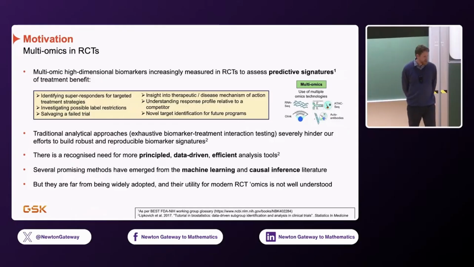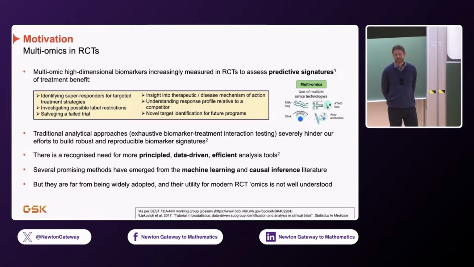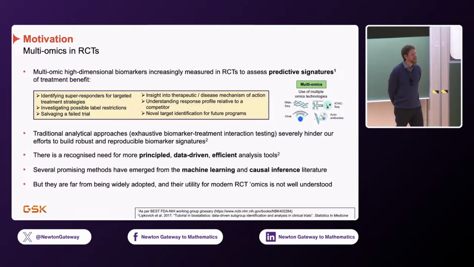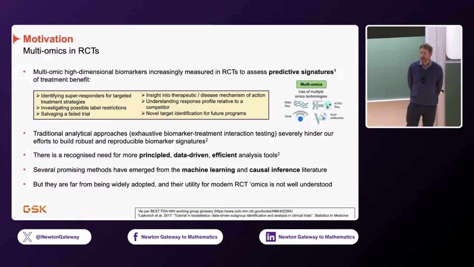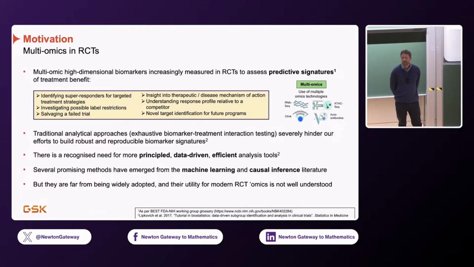But it's increasingly well recognized that to do that exhaustively across hundreds or potentially thousands of biomarkers is highly suboptimal. Two main reasons. One is many univariate one-at-a-time tests followed by multiplicity control is very conservative, and these sorts of analyses are very underpowered to begin with.